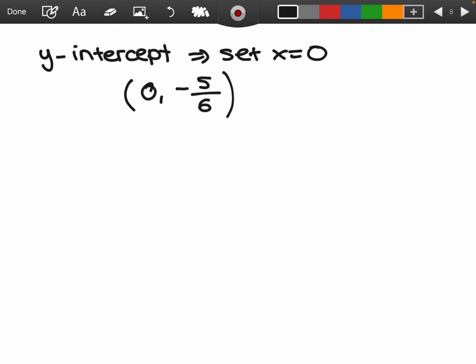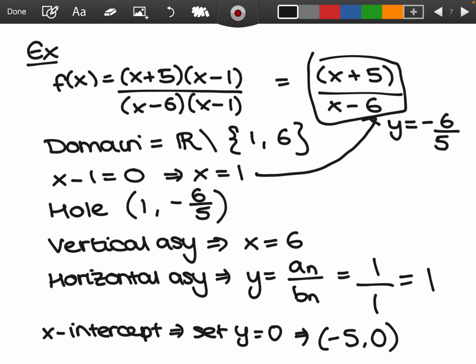The last thing we need to do is to look at the end behaviour. So what happens as x goes towards infinity and as x goes towards negative infinity? Well, this comes back to our horizontal asymptote. We actually have a horizontal asymptote in this case. So we know what happens as x goes towards positive and negative infinity. We talked about this with horizontal asymptotes.